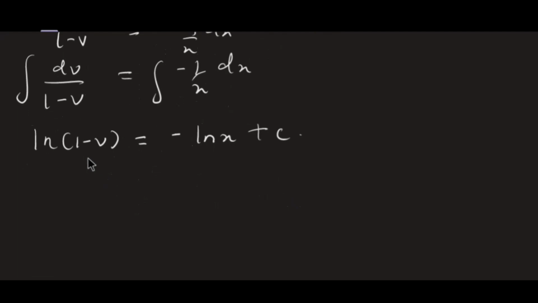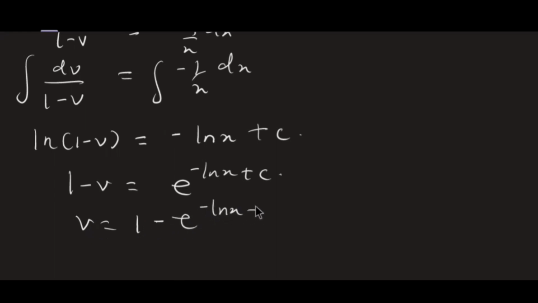So let's see. At this point, once we have integrated both sides, we are just to make v the subject. So from here, 1 minus v will be equal to e to the power negative ln x plus c. Hence, my v will be equal to 1 minus the expression e to the power negative ln x plus c.